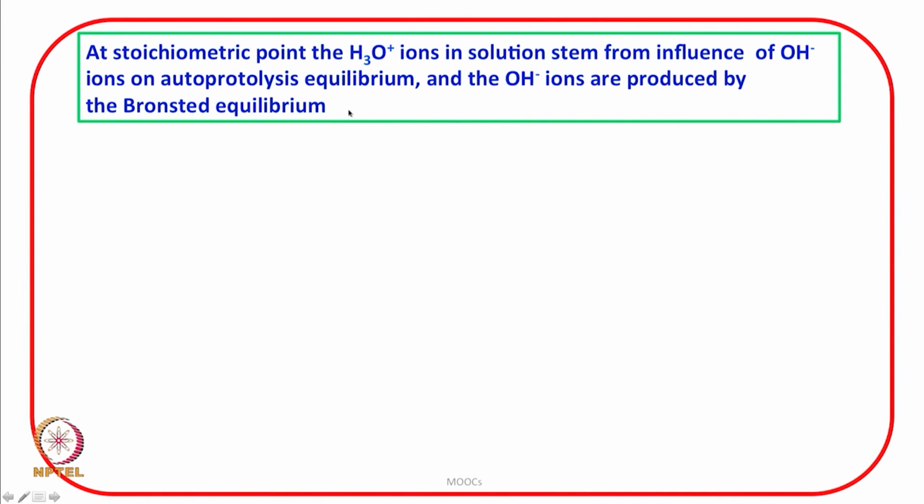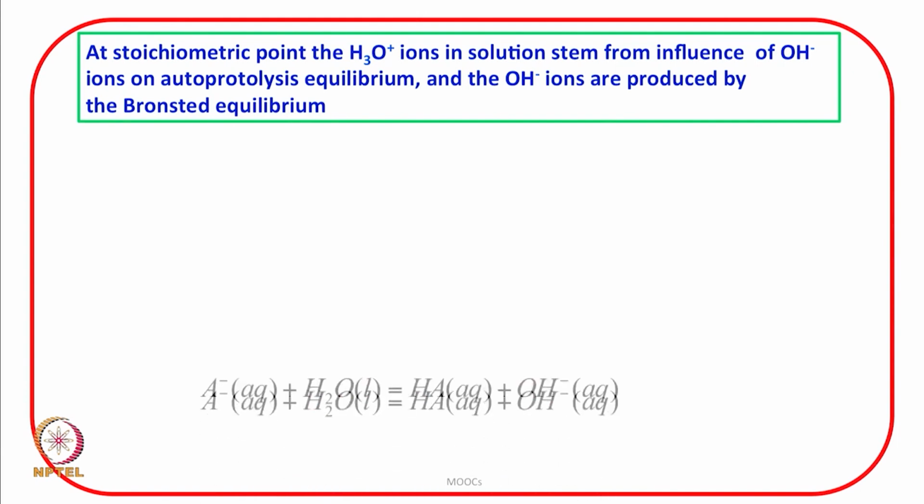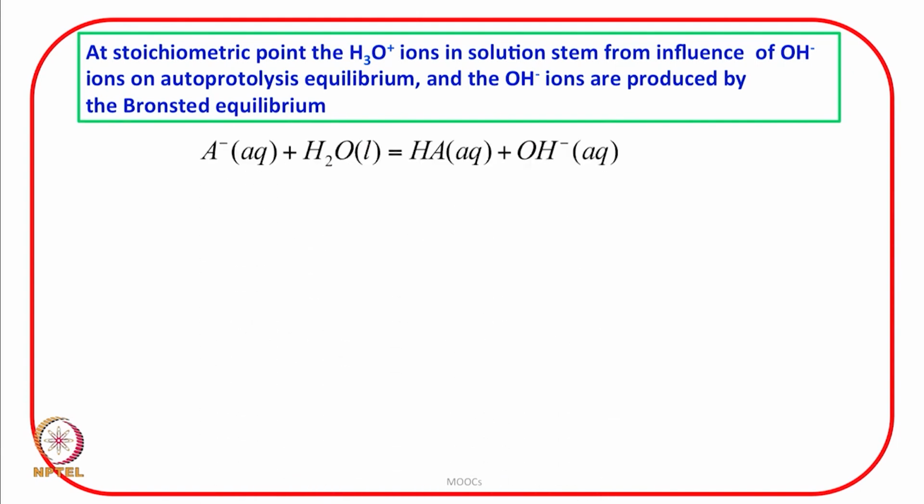We are talking about the negatively charged ions, for example, the hydroxide ions, which are also produced by the autoprotolysis of water and the action of A minus ions on water upon acceptance of a proton, because the A minus ion is a Bronsted base.